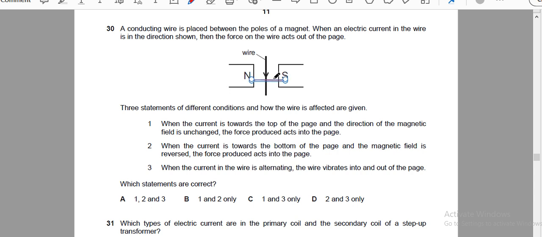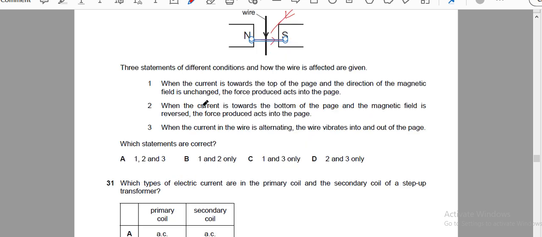So here is the direction of field, here is the direction of current, and here is the direction of force. Use your left hand to judge the following conditions. Current toward the top and direction of magnet unchanged.